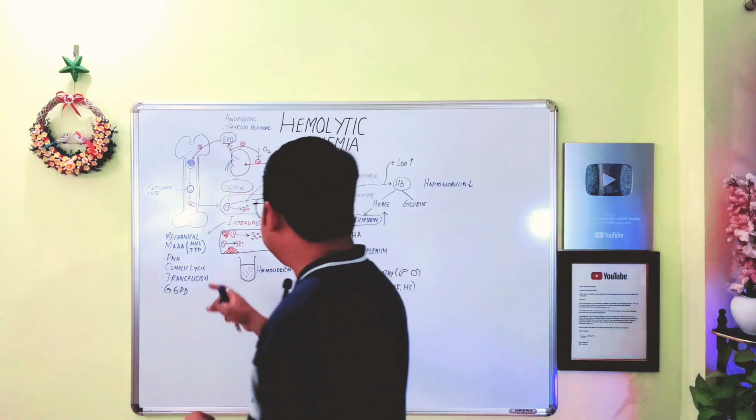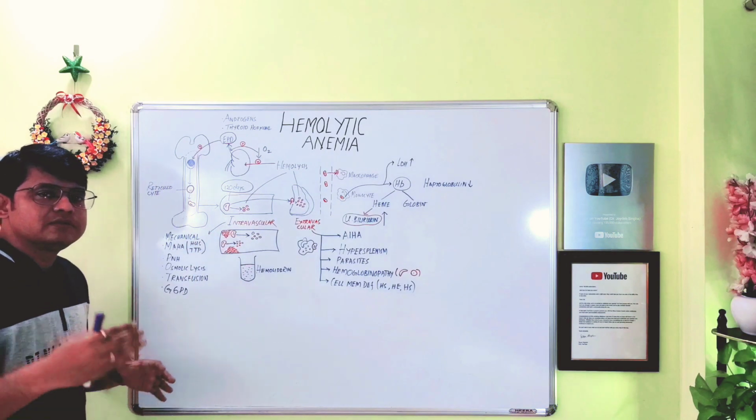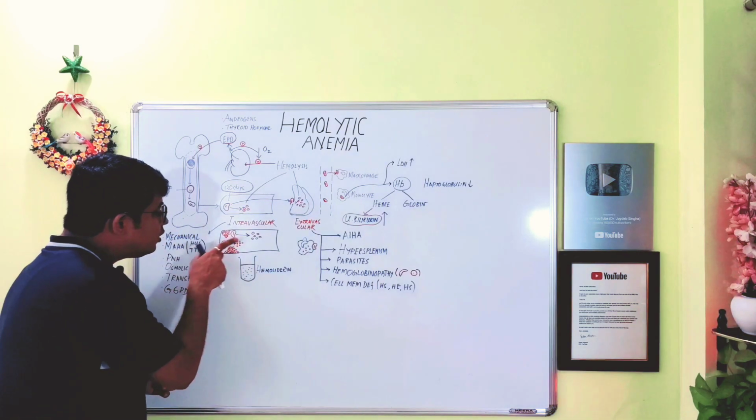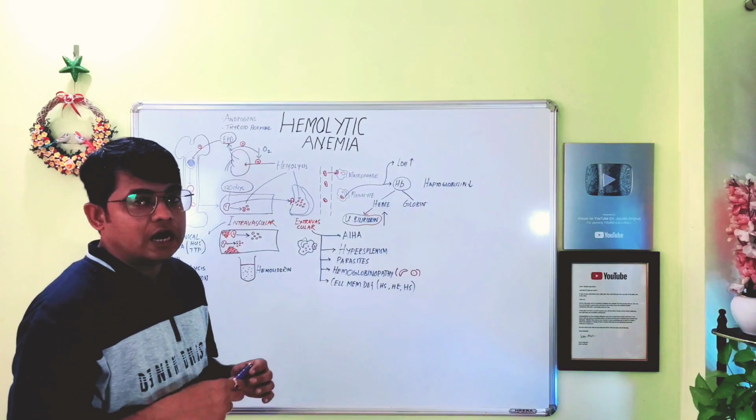So there is deposition of some materials within the vessel wall, and that makes the lumen narrow. In this narrow lumen there is difficulty in passing of RBCs.